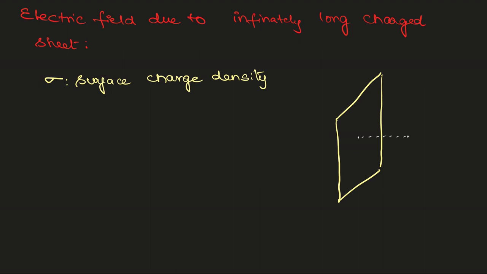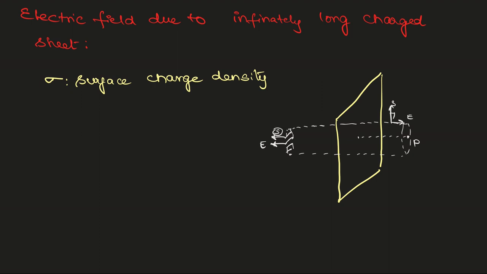If I consider a point P which is at a distance r, and construct a Gaussian surface, I can observe a similar kind of point on the other side also. On the curved surface of this, electric field and area vector are perpendicular. On the end caps, electric field and area vector are parallel.